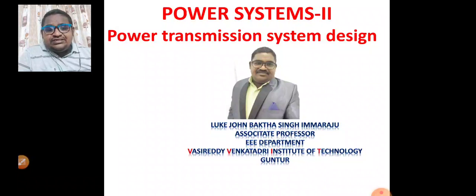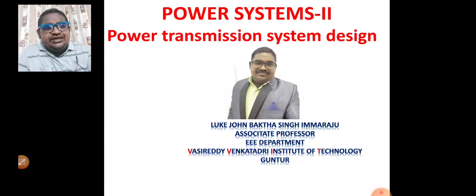In this power transmission system, what we need to transmit, which type of power we need to transmit, and how the transmission line has to be constructed, all these things we used to see under this power systems 2 subject.